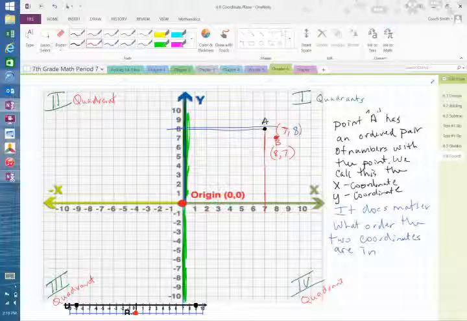You will notice that they go counterclockwise. Where the two lines intersect is called our origin. At the origin, the coordinates are 0, 0.